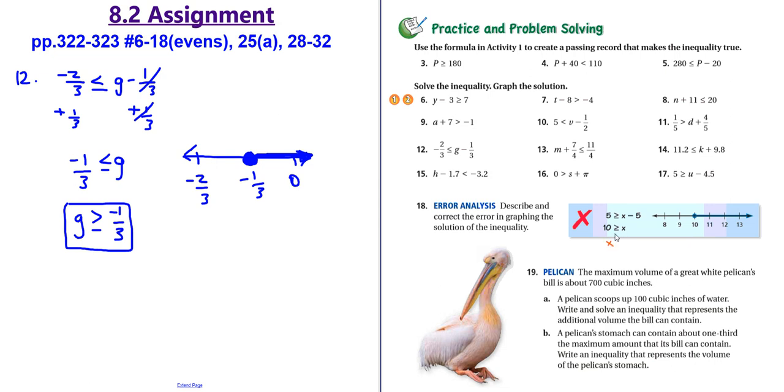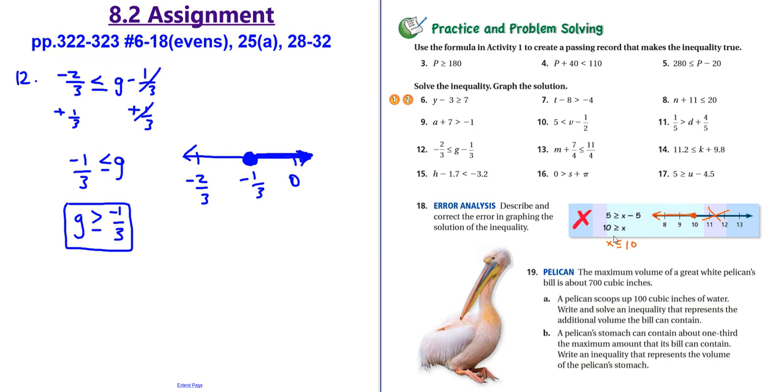It says x is less than or equal to 10. So actually, I should be shading to the left of 10 because that is where you find those values that are less than 10. They shaded to the right, and that is incorrect. The boundary should be filled in as they had it, so that was okay. So the only error is that they did not shade on the correct side of their number line, and that happened because they did not put the variable on the left-hand side, and this confused them.